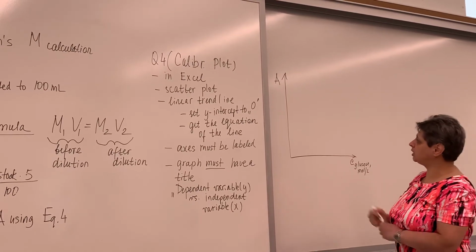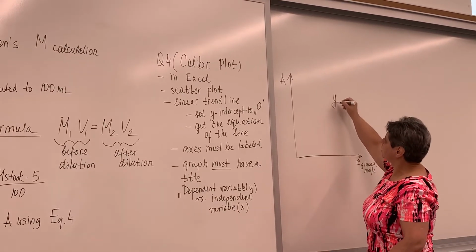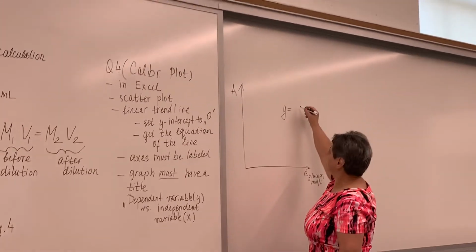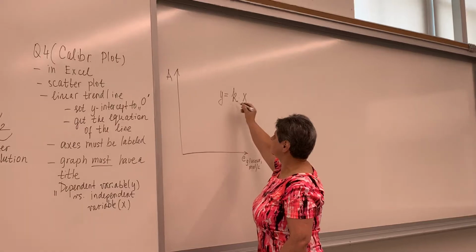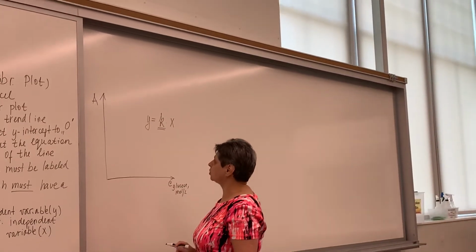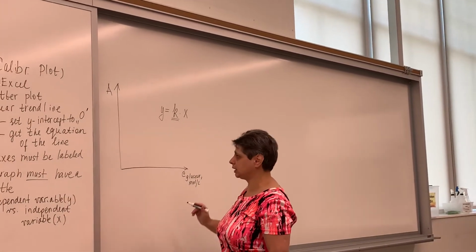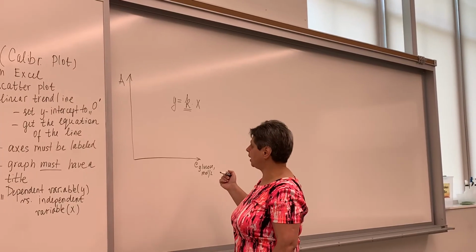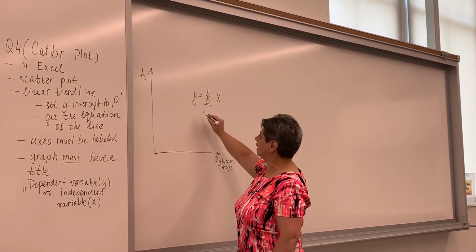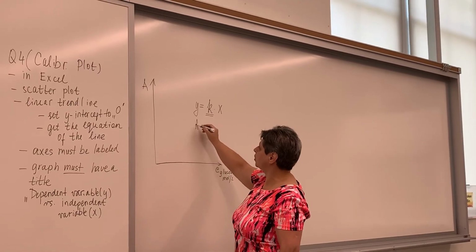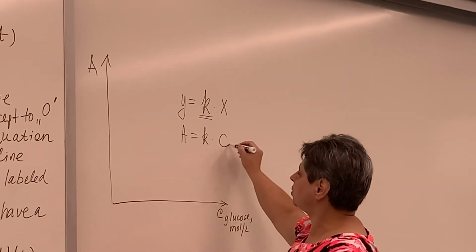Once you get the equation of the line, it will be something like Y equals some coefficient times X. This coefficient here is, of course, equal to the slope, as we'll discuss later for the pre-lab discussion. Importantly, this is your absorbance, and this is your concentration.